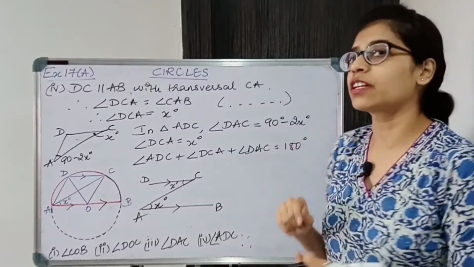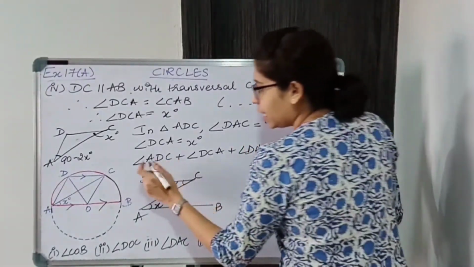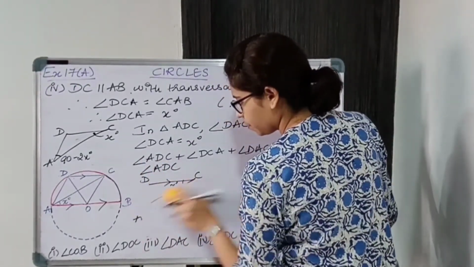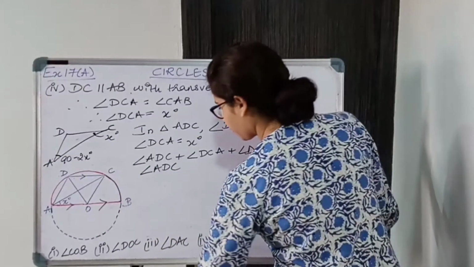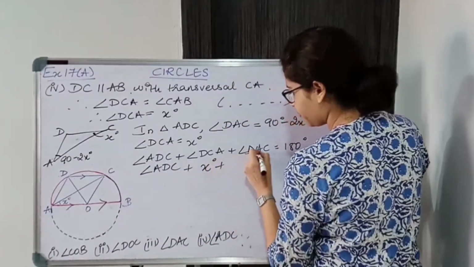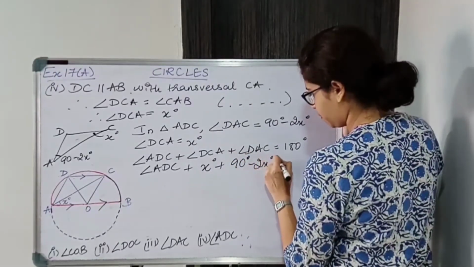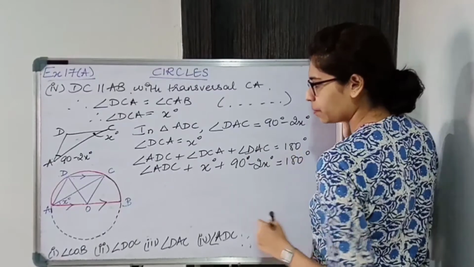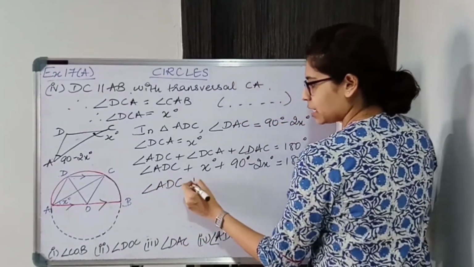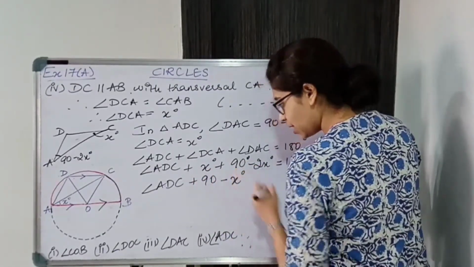Sum of measures of angles of triangles is 180 degrees. Please give reason. ADC is the angle that we have to find. DCA is x. DAC is 90 minus 2x. Okay. So angle ADC plus 90, and x minus 2x gives minus x.